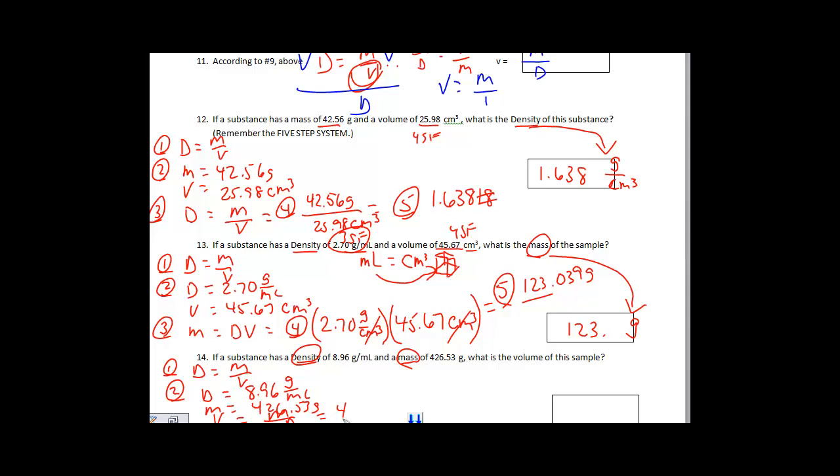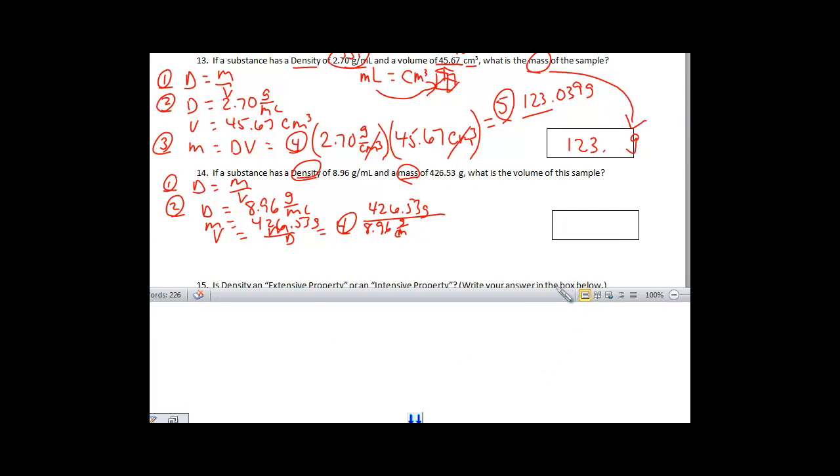So we solve for step 4. Step 4 says plug in the values, and we've got a mass of 426.53 grams, and we have a density of 8.96 grams per cubic centimeter or per milliliter. Okay, and so let's see what we did here.